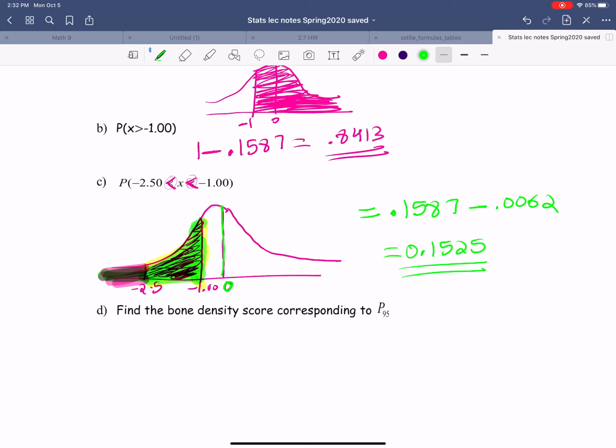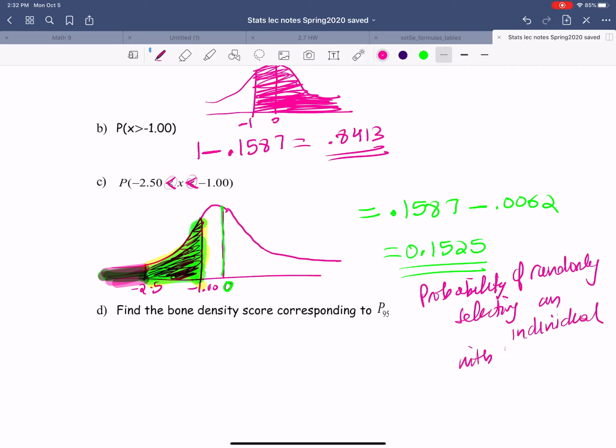So the probability of randomly selecting somebody who's, you should write it in a complete sentence. Probability of randomly selecting an individual with bone density between negative 2.50 and negative 1.00 is 15.25%.